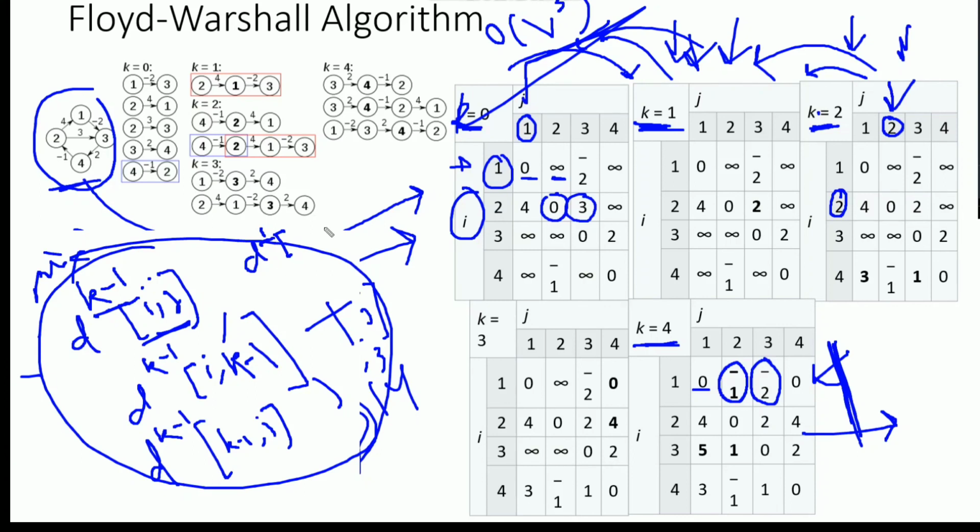Okay. Now, suppose there is a negative weight cycle in the graph.